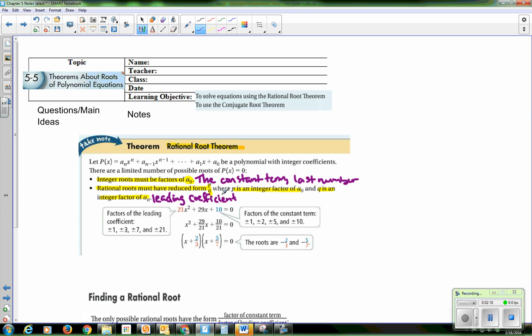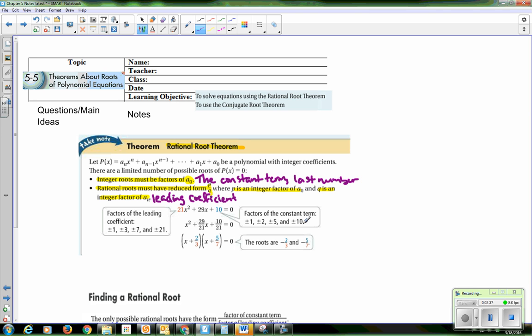Okay, so we have a little example here. The last term is 10, and the first term is 21. So you list all the factors of 10, and in this case, we are considering the positive and negative factors. -1 and -10 will give you positive 10, and +1 and +10 will multiply and give you 10.